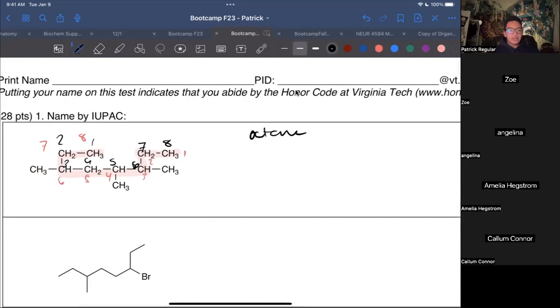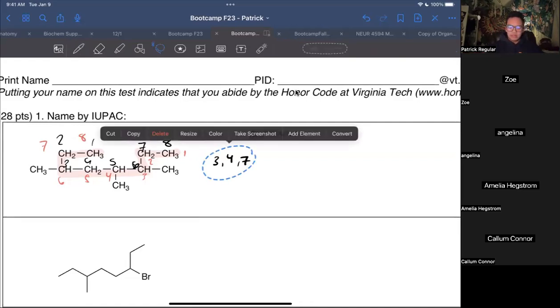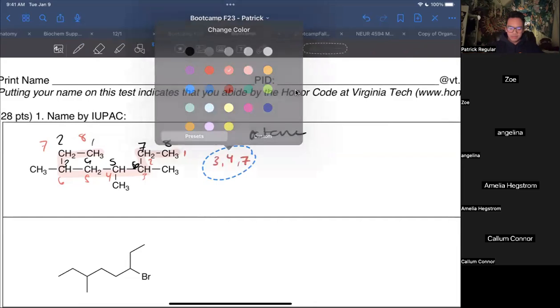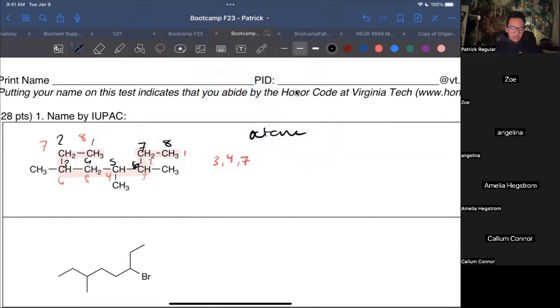If it's octane, let's look at our groups. Right now we have a trimethyl. The only functional groups we have are methyl groups. We have 1, 2, 3, 4, and 7 going right to left. Let's make this pink. From left to right, we would have 3, 5, 6.